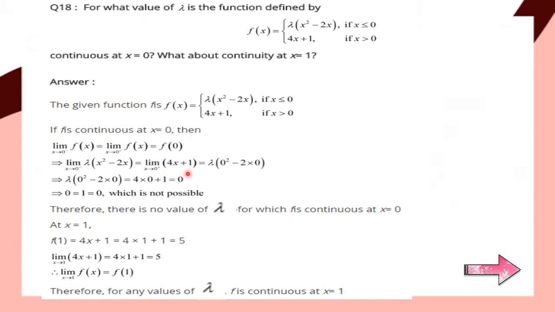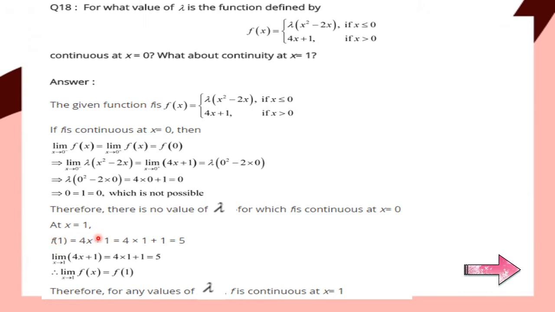The right hand limit is 4x plus 1. And the value of the function at 0 is lambda in the bracket (x square minus 2x), where x is 0 now. So we are getting 0 equal to 1 equal to 0, which is not possible. So there is no value of lambda for which f is continuous at x equal to 0.